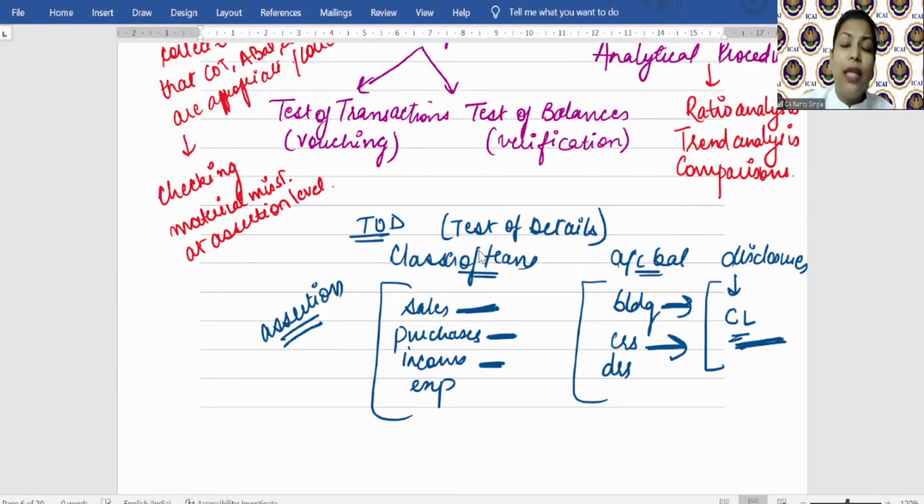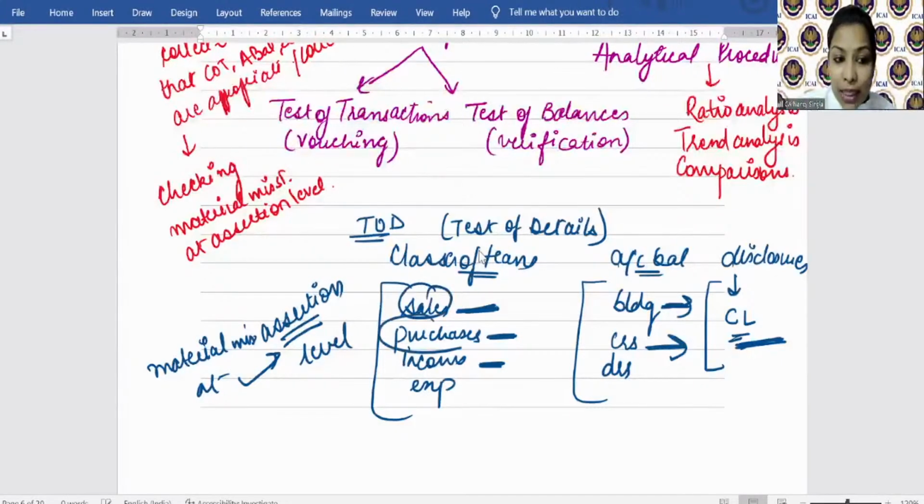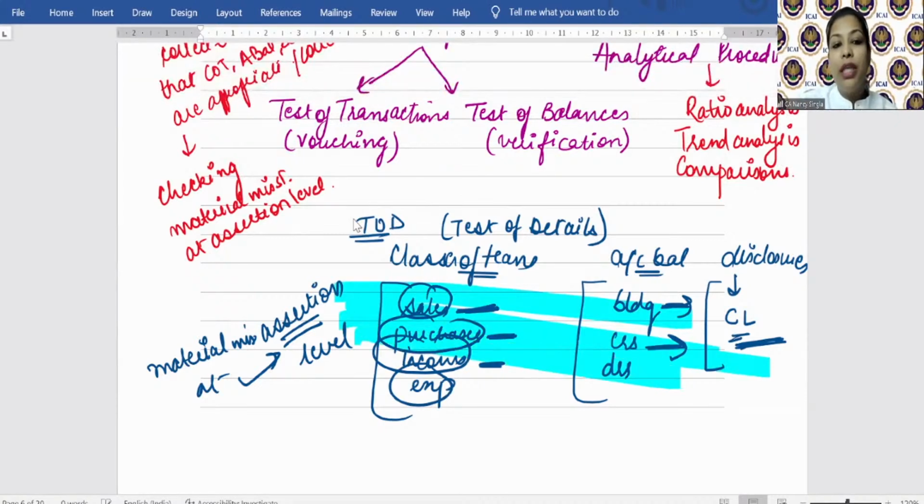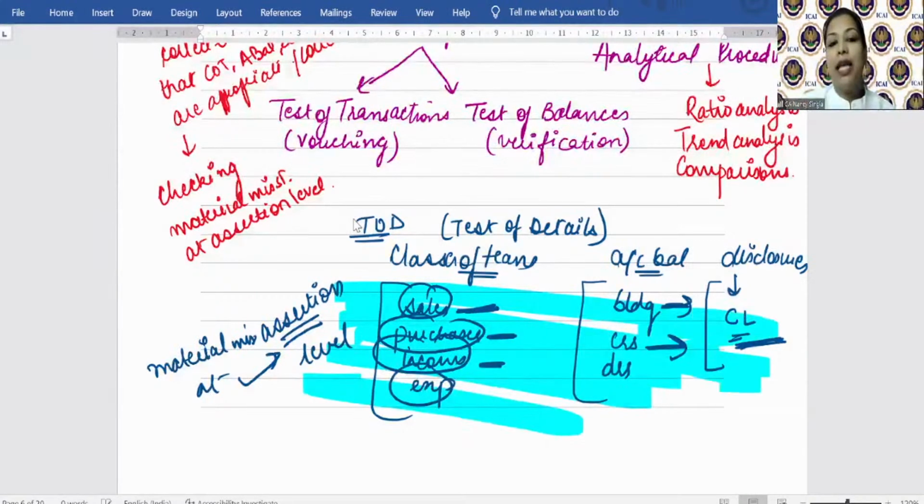So what is he doing? He is performing audit procedures, right? Why? Because he wants to see whether there is material misstatement at assertion level. We are not talking about the financial statement as a whole yet. Once the auditor is sure about all these assertions, then the auditor will be able to give his opinion on the financial statement as a whole.